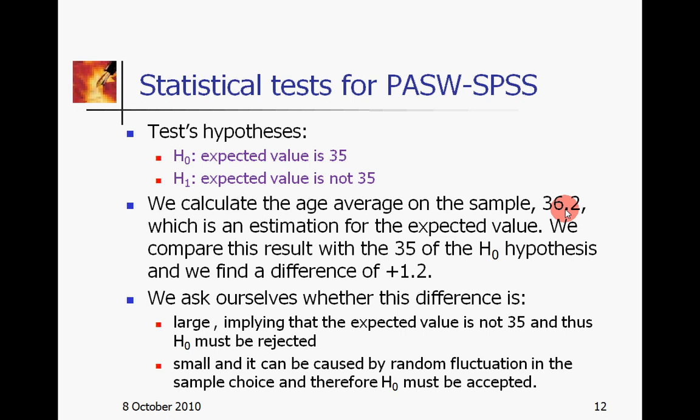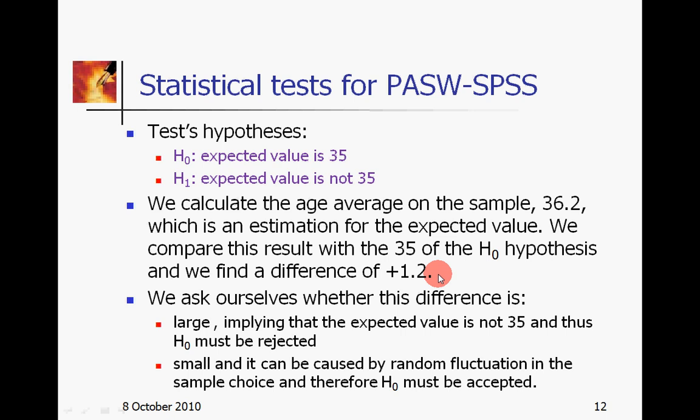You should note that the average on a sample is an estimate for the expected value on the population. Now, however, we compare the 36.2 we obtain on the sample with the 35 that we have hypothesized on the population. There is a difference of plus 1.2.